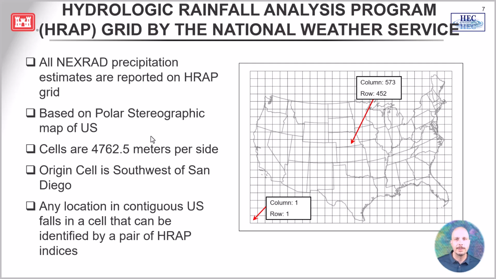The HRAP system in HEC-DSS covers the contiguous United States. It has an origin that is located southwest of San Diego, with a pair of column and row indices of 1 and 1. And all other locations are identified with indices greater than 1, where the column number increases in the east direction and the row numbers increase in the north direction.